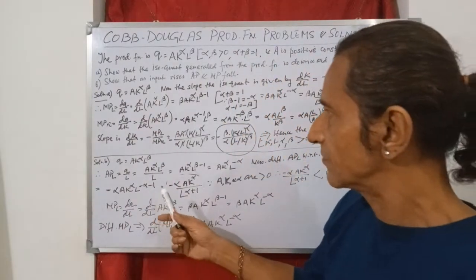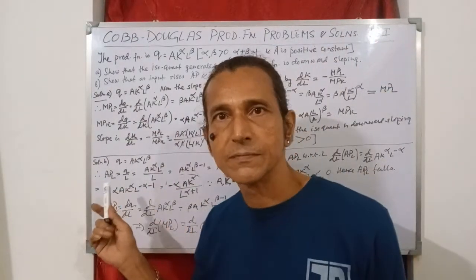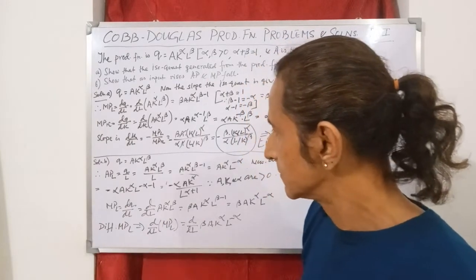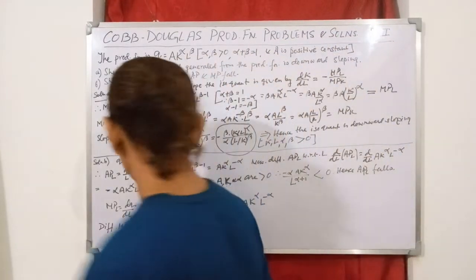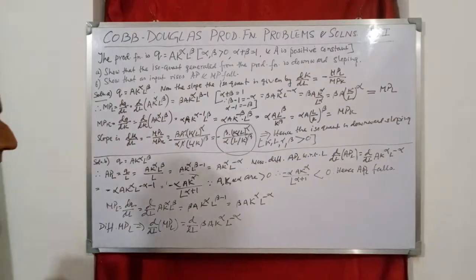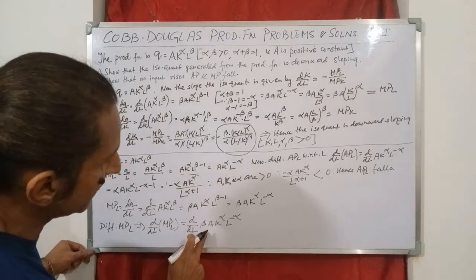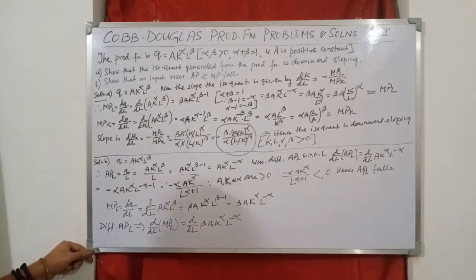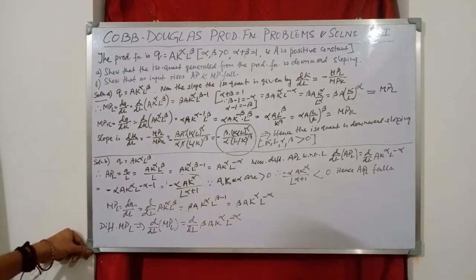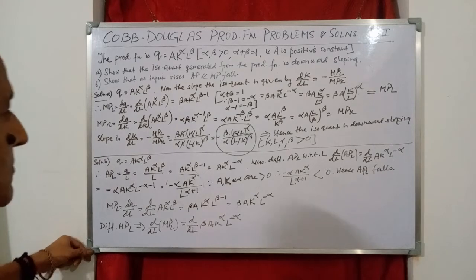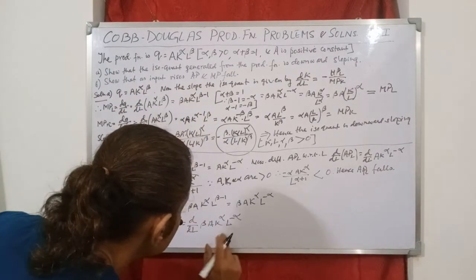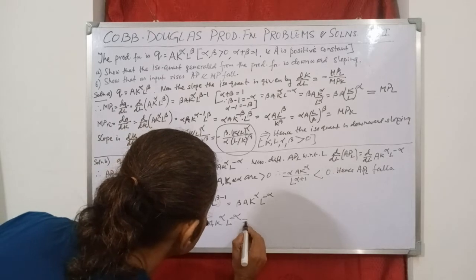As we differentiated Q by L, here we have to differentiate MPL, that is marginal productivity of labor. So d/dL of beta A K to the power alpha L to the power minus alpha, right? So when you differentiate, this becomes what?